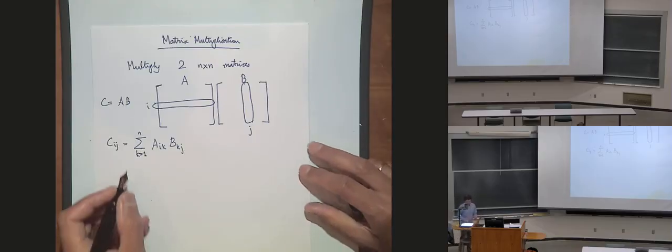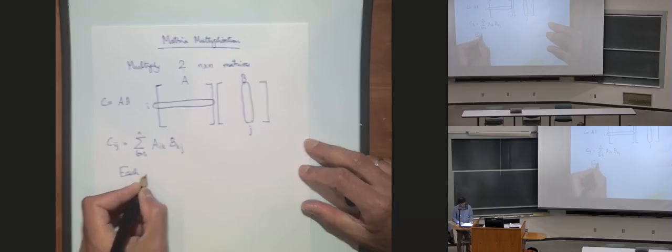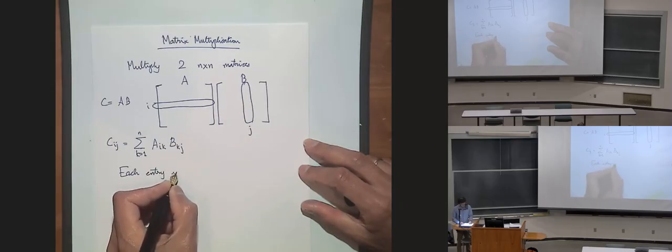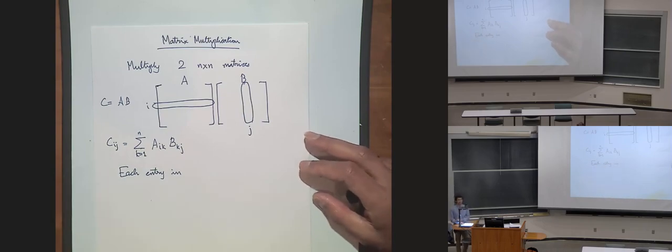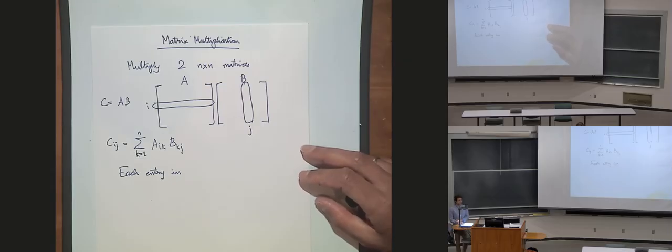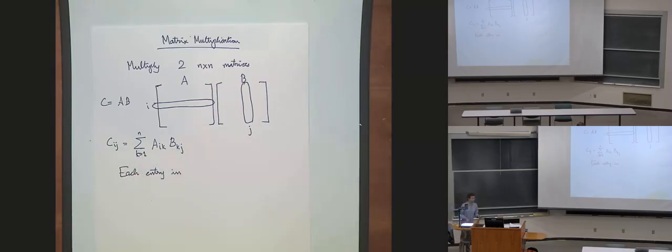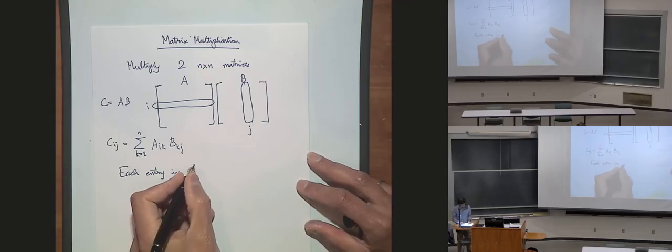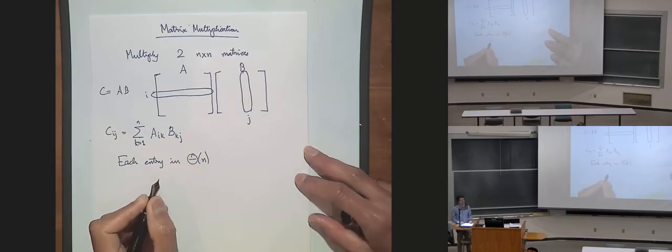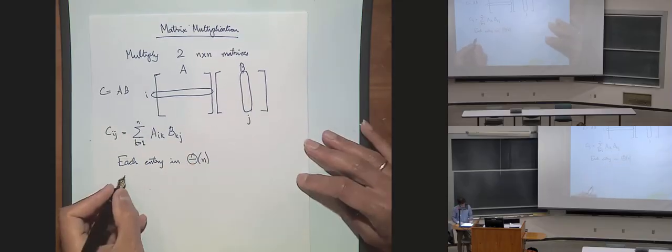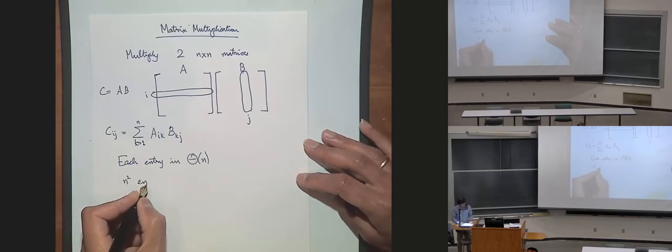So how long does it take to compute each entry? Simple brute force, how long will it take? How long does it take to compute one entry of a matrix product? Well, k is going from 1 to n. Yeah, so it's O of n. Actually, I'll say it's theta of n. How many entries do you have? N square. So n square entries.